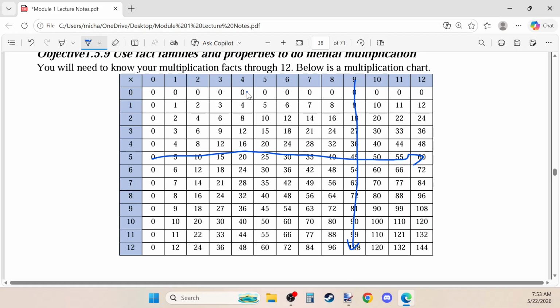So like 0 plus 4 is 4, plus 4 is 8, plus 4 is 12, plus 4 is 16. You're just adding 4 on this row. But you should get this chart down, because when I want to multiply 8 by 12, it's nice to know that it's 96. So you should know these.